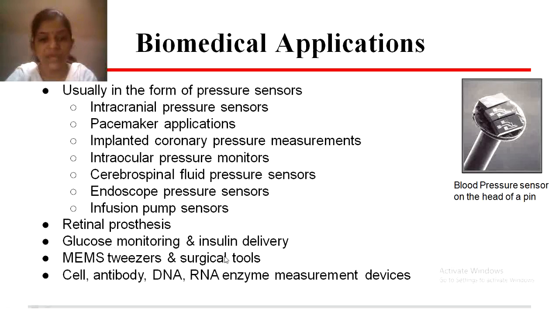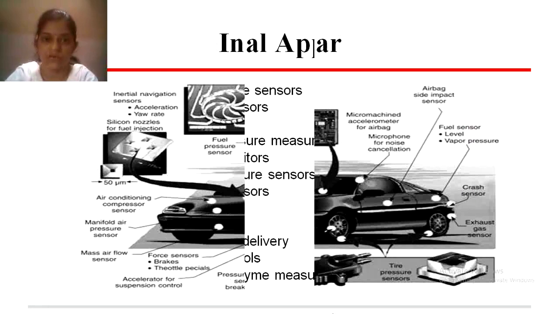Glucose monitoring and insulin delivery through biosensors are there. Then MEMS tweezers and surgical tools are there. Also cell, antibody, DNA, RNA, enzyme measurement devices are also manufactured by MEMS technology.